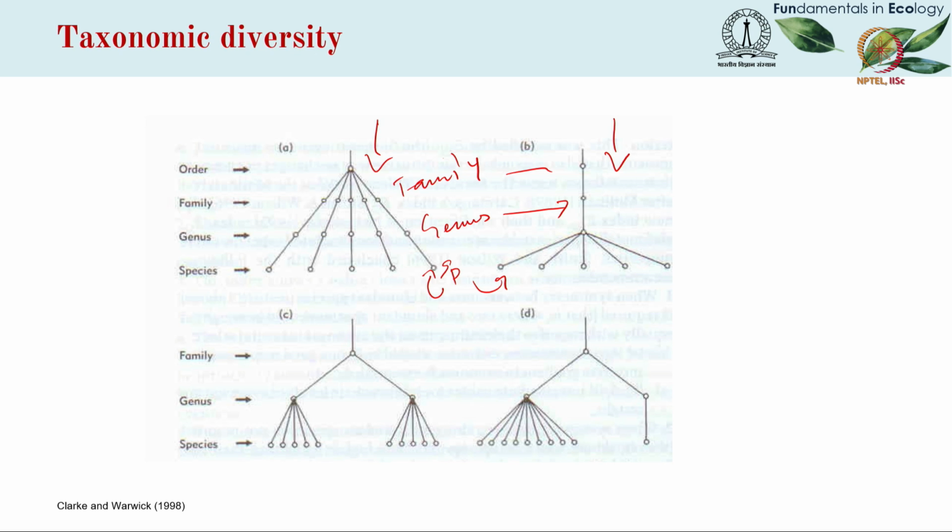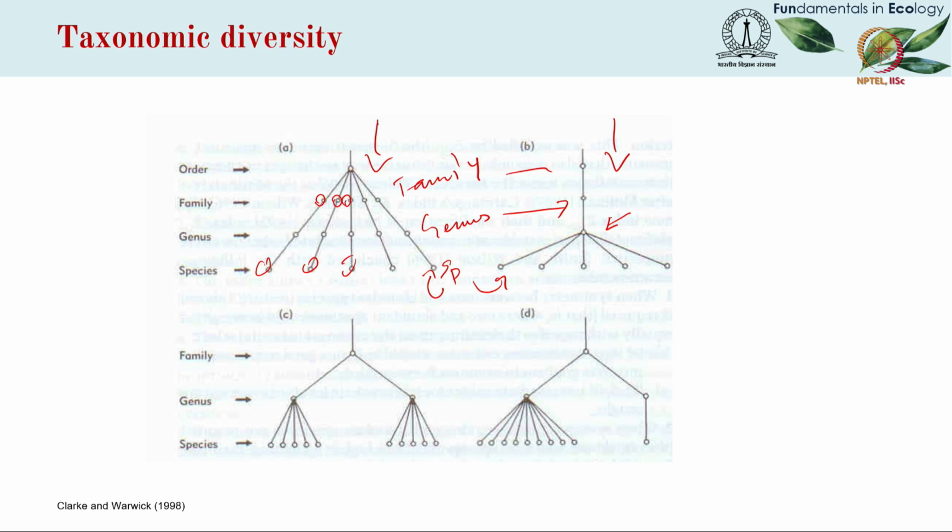What we can see in case A is that every species over here belongs to its own family, right? In this case, all of them in fact belong to the same genus and obviously the same family.